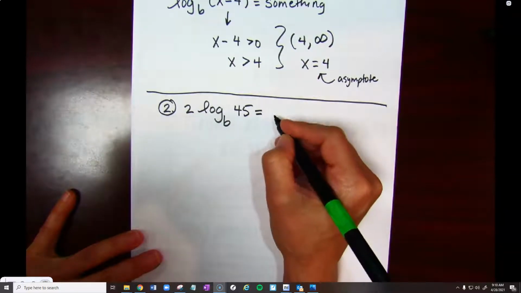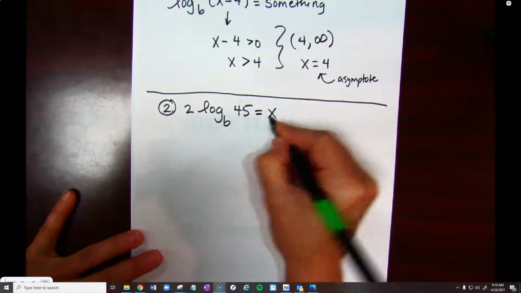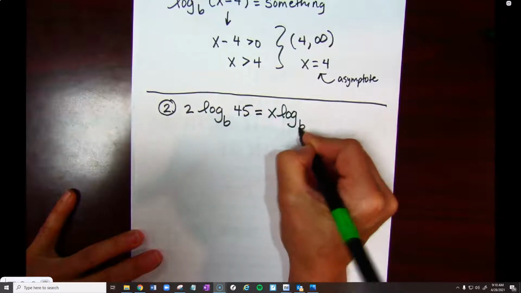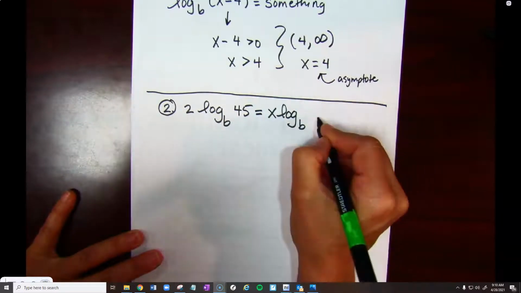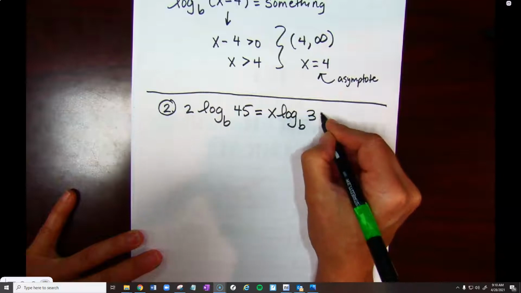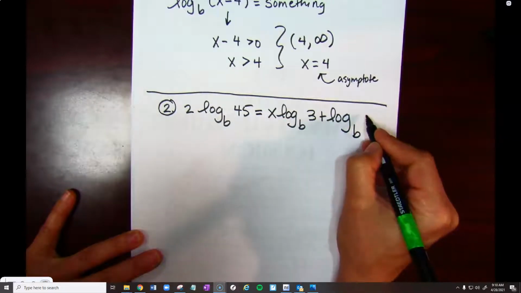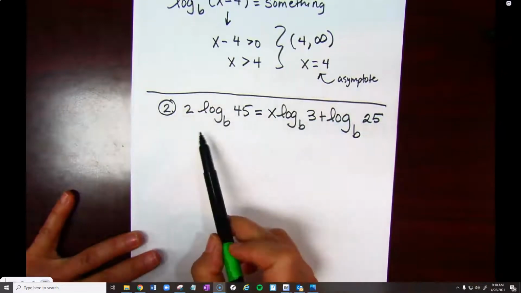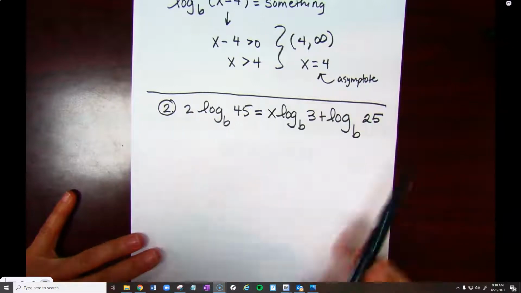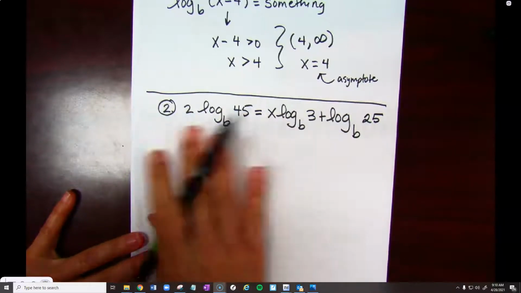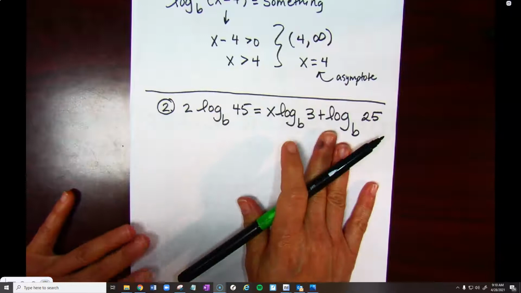And this is going to equal x log base b of 3 plus log base b of 25. So as you see here, there's not really a constant or anything that would trip up having just a single log here and a single log here.